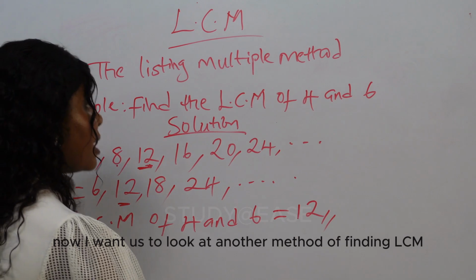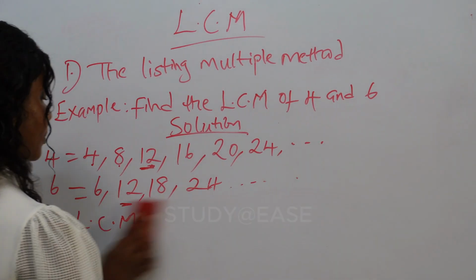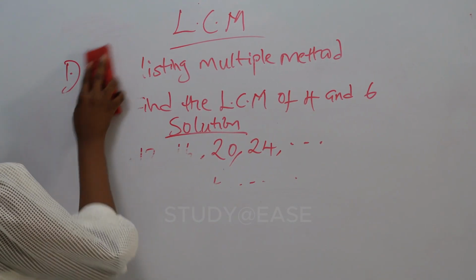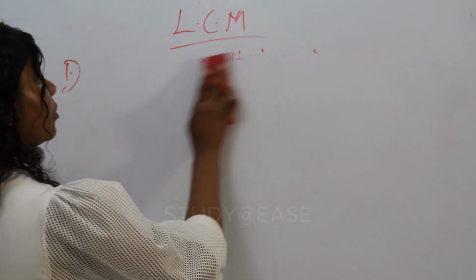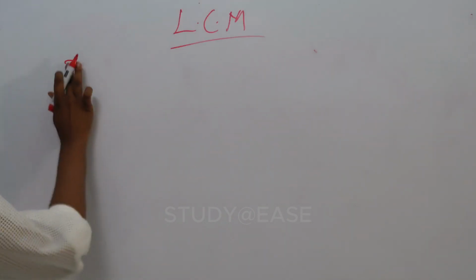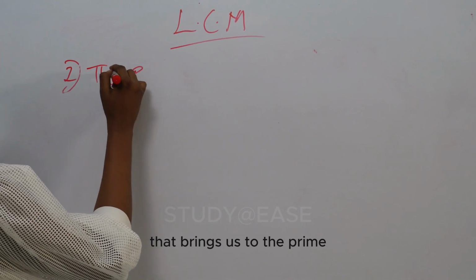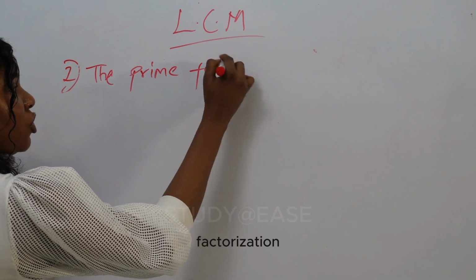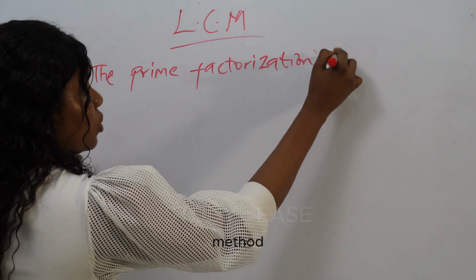Now, I want us to look at another method of finding LCM. That brings us to the prime factorization method.